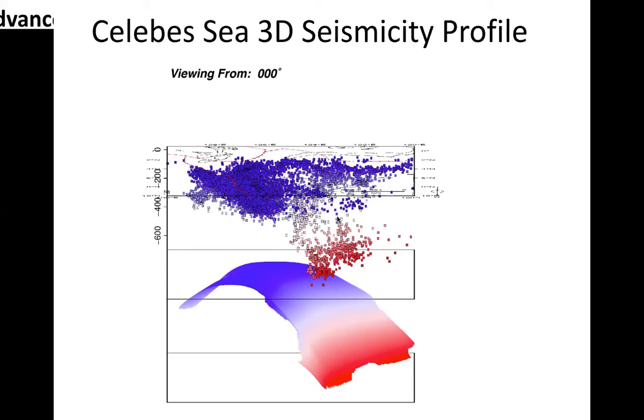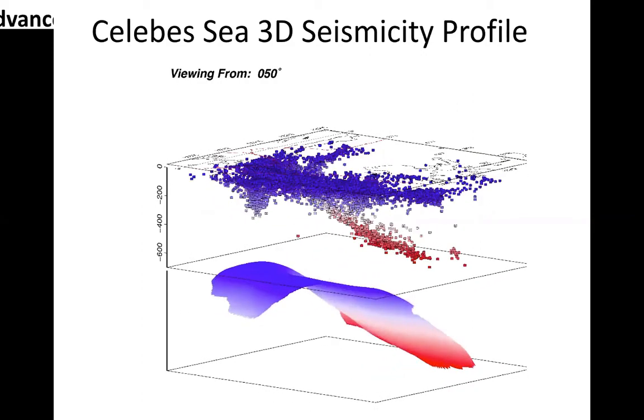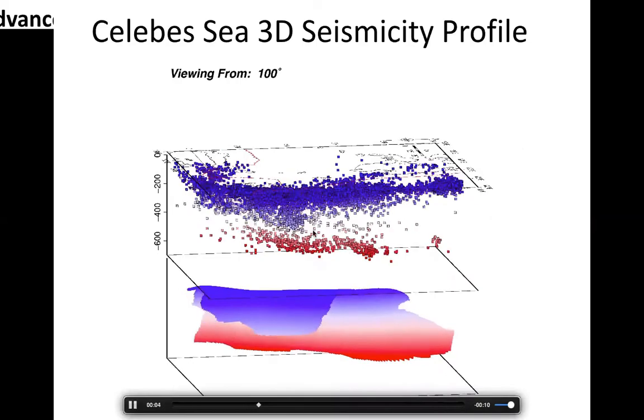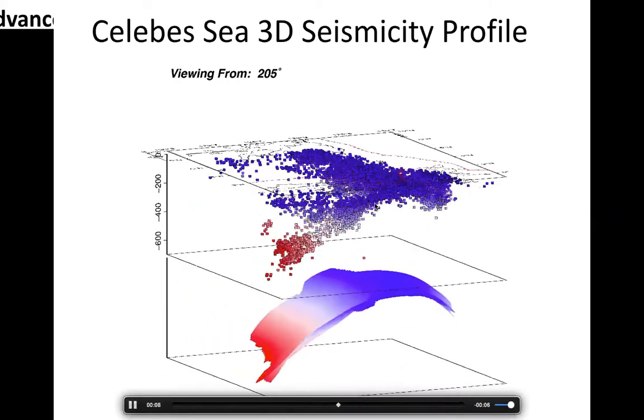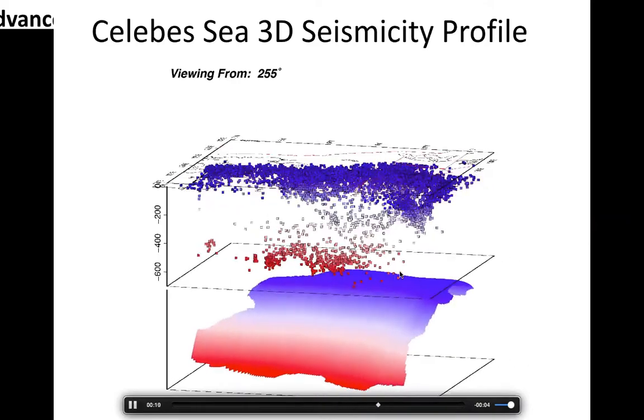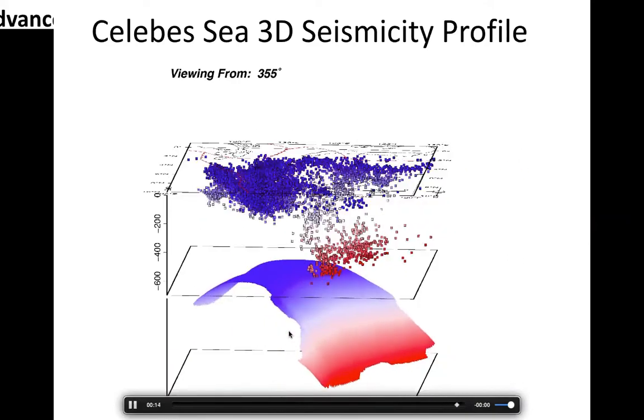So if we start here, viewing from the north, we start moving around to the east here, you can see the Halmahera slab present, and the U-shape of the Molucca Sea plate actually follows geometry very well.